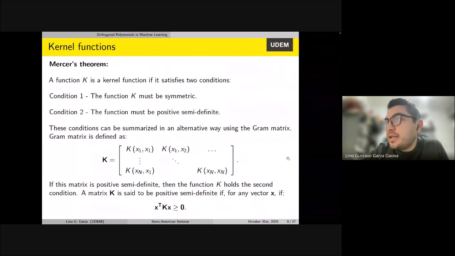That's why I said that we are always going to consider the Gram matrix, given in this way. When we consider this matrix, we can see the conditions in this matrix form. So for any vector, this will imply that our matrix satisfies the positive semi-definite condition.